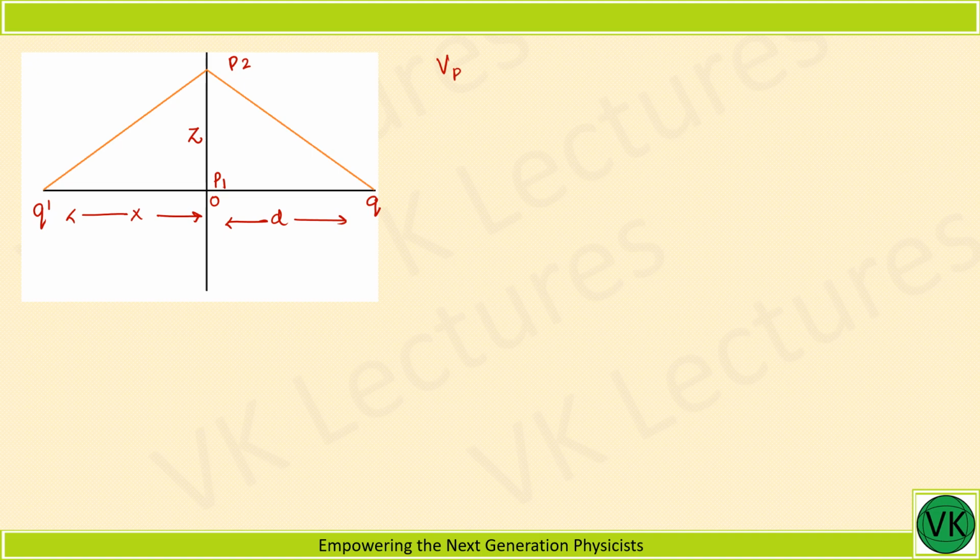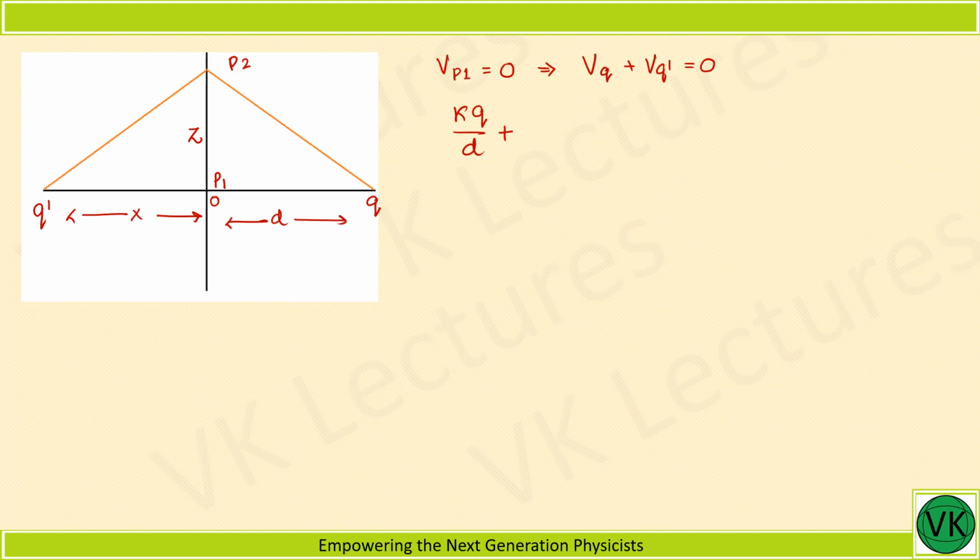Now VP1, the potential at point 1 is 0, which implies that the potential at P1 can be written as potential due to Q plus potential due to Q dash should be equal to 0.